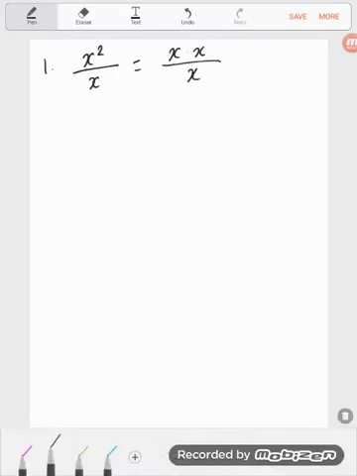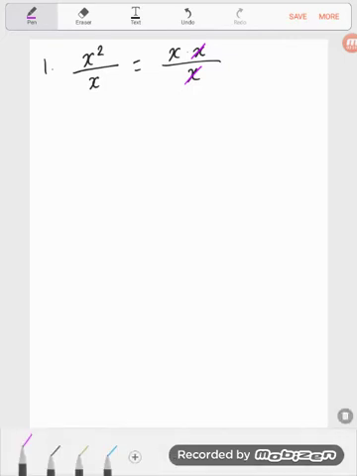If you have x squared over x, okay, so essentially what you have, remember that x squared is x times x, and what you can do once you have a fraction like this, you can cancel one on the top and one on the bottom.